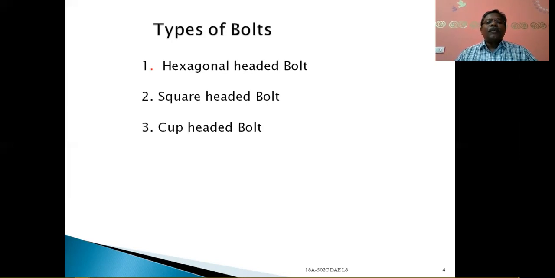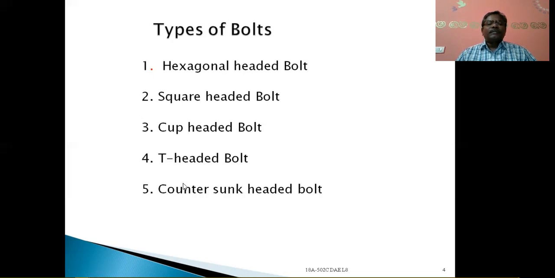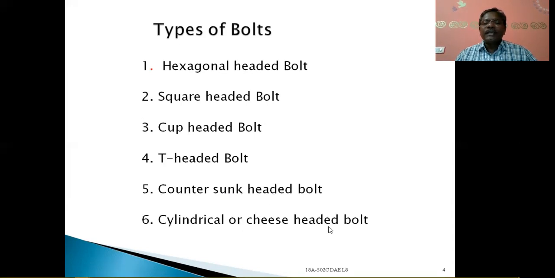Next are cup headed bolts and T headed bolts, countersunk headed bolts, and cylindrical or cheese headed bolts. One is hexagonal headed bolts, two is square headed bolts, three is cup headed bolts, and another is T headed bolts, countersunk headed bolts, and cylindrical or cheese headed bolts. These are the six types we generally use in the engineering field.